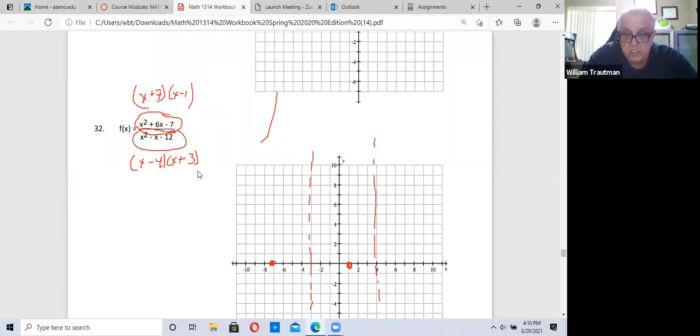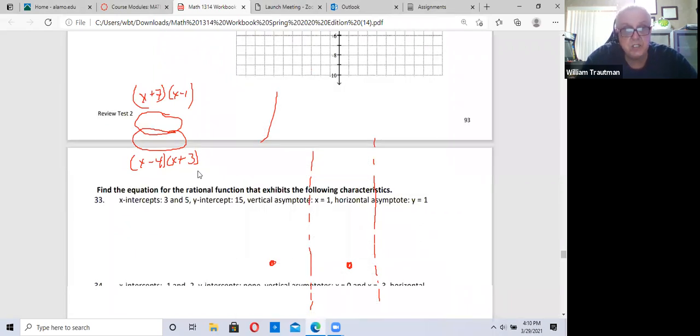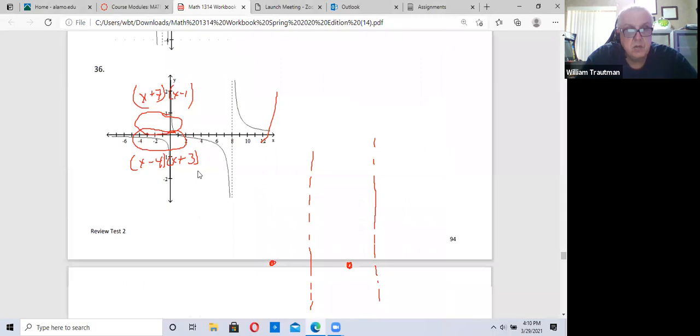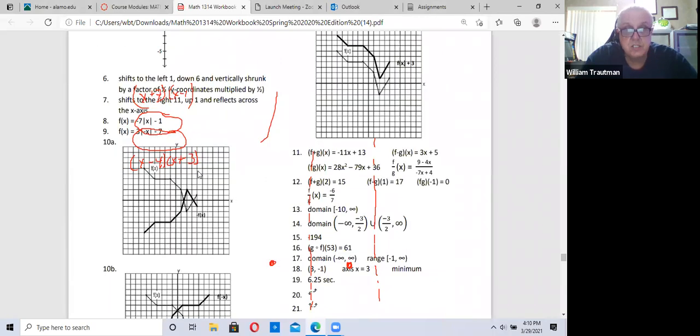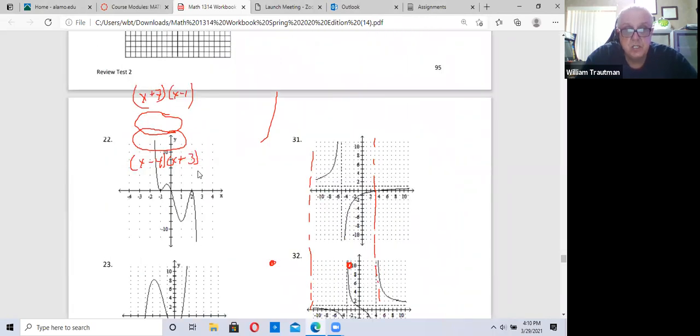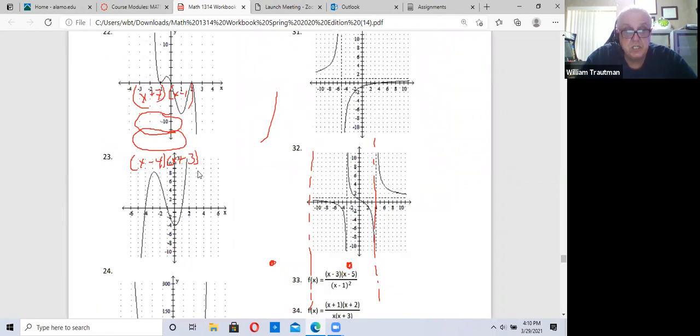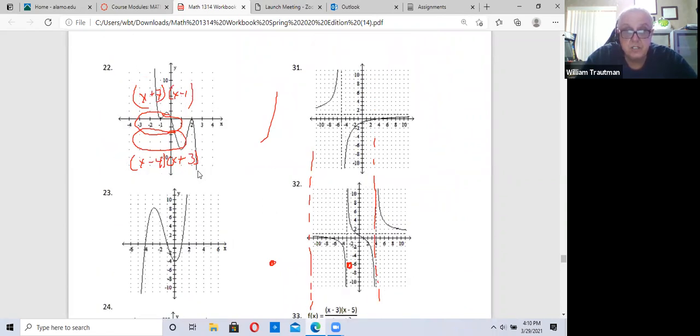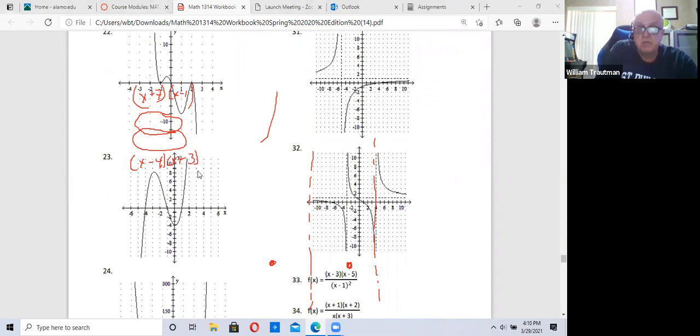Let's look at number 32, the actual picture. You'll see those intercepts that we got. Let me erase what I had so we can see clearer.